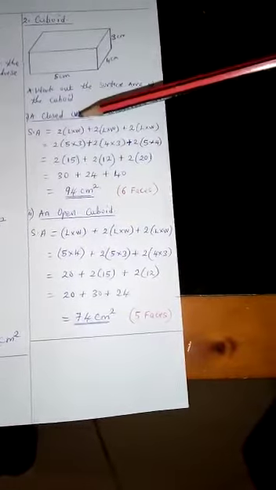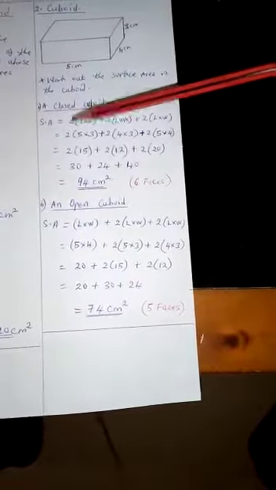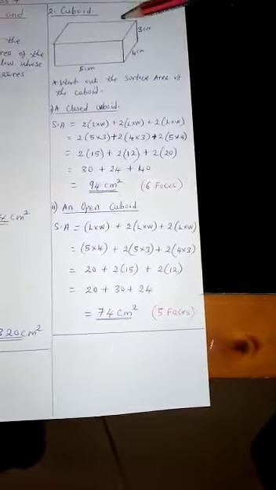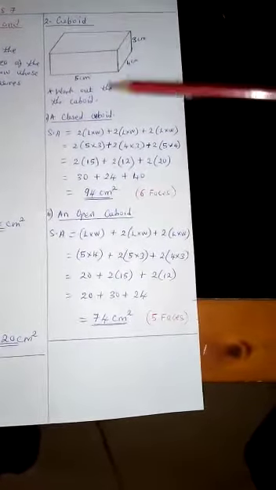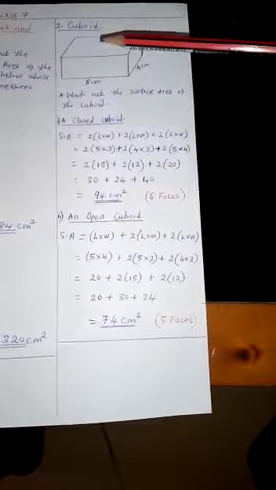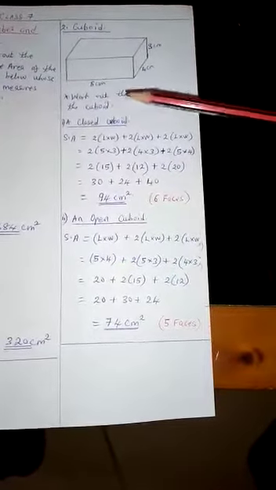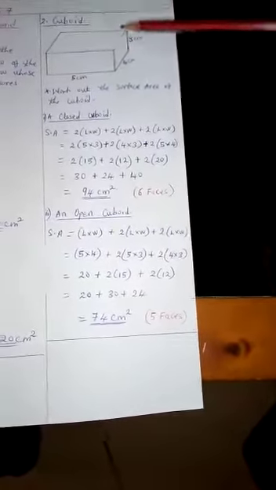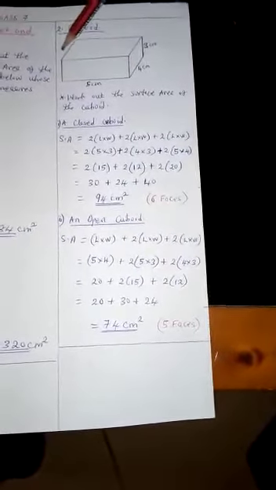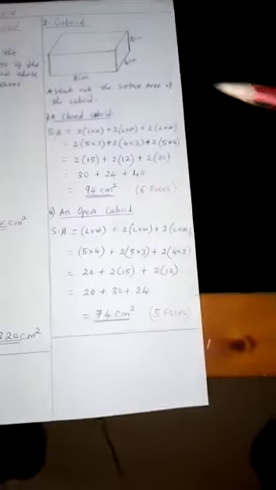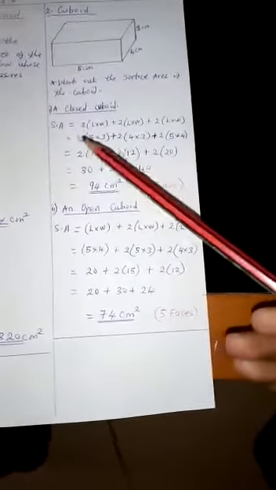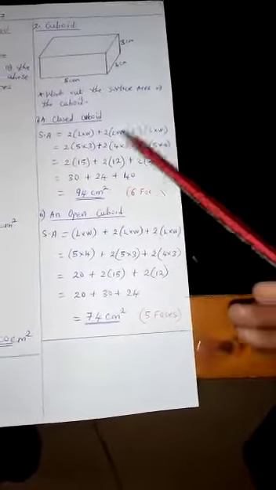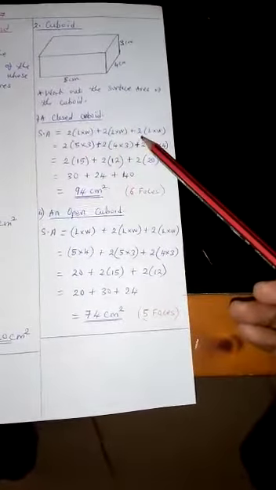So we'll talk of, for example, the front face times 2 because of the rear face, which you cannot see. We talk of the bottom and the top. If we get the area of one face, we multiply by 2. Then the area of this face, for example, times 2 because of the other opposite and equal face. So your working will be arranged like this. These will be 6 faces because 2 plus 2 plus 2 gives you 6.